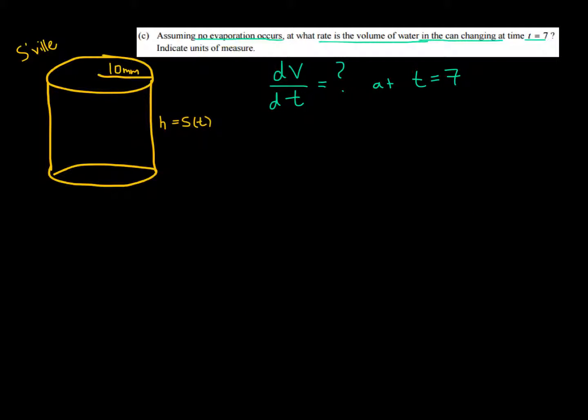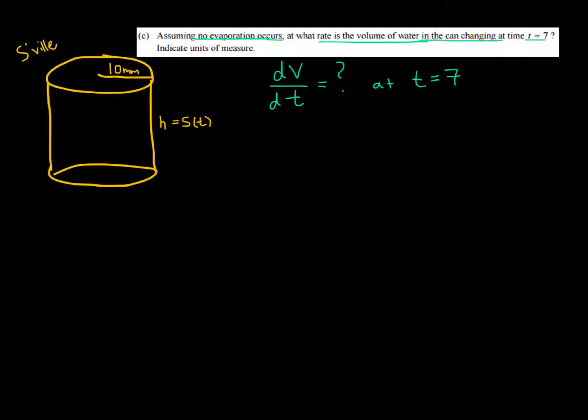Part C, assuming no evaporation occurs, at what rate is the volume of water in the can changing at time t equals 7, or in other words, day 7? So here we can identify that we're searching for the rate at which volume is changing, in other words, dV/dt. And I can identify this as a related rates problem, because I'm searching for a rate, and obviously this rate is dependent on time, and this rate is going to be related to some other rates that I may already have.